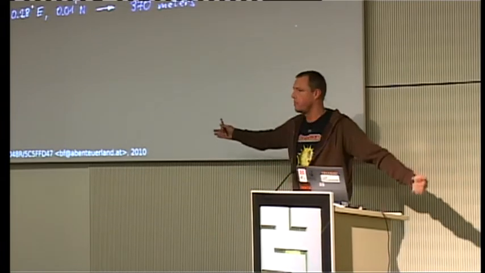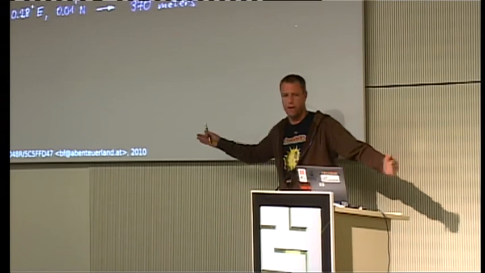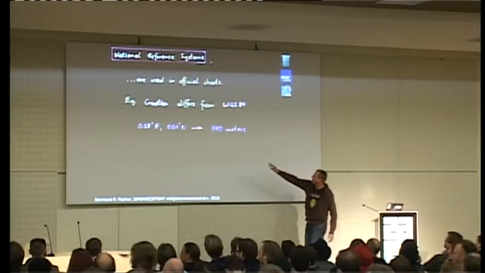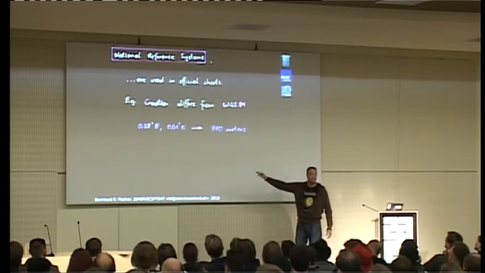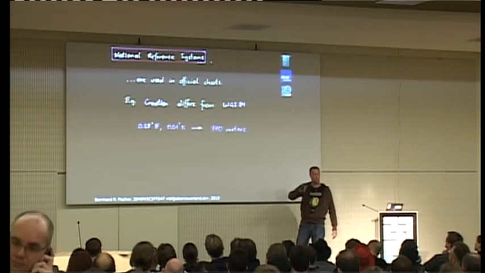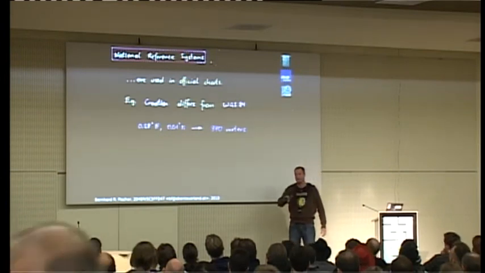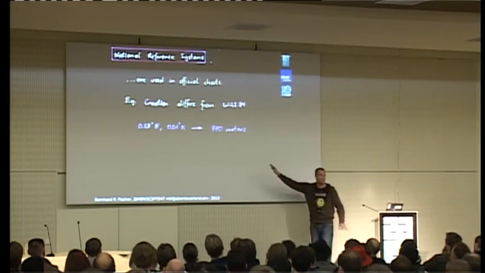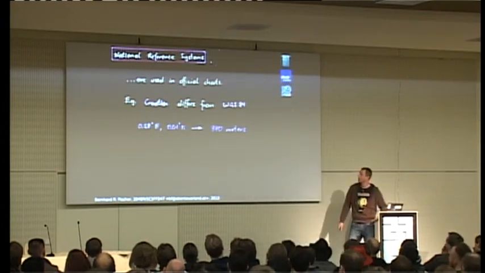So 370 meters is very, very much, okay? This difference is actually the difference between the Croatian system and WGS 84. So if we take a coordinate from this to that and we do not transform it, then we get this error. That's what this means, actually.